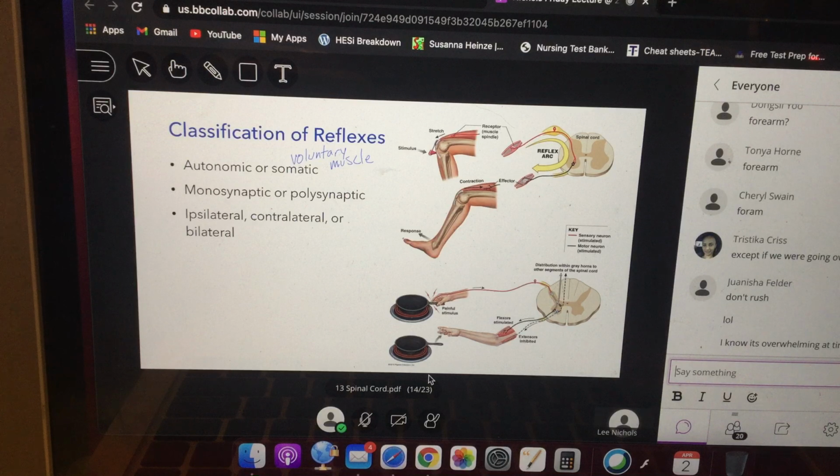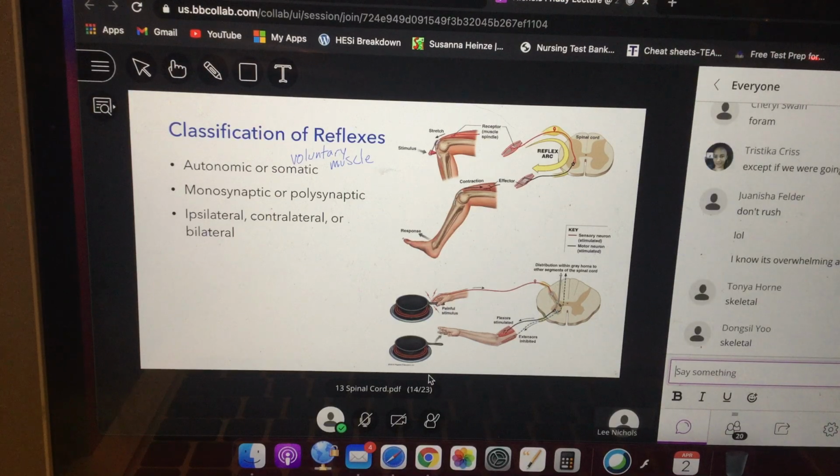What kind of muscle is the only muscle that's voluntary muscle? Yeah, skeletal muscle. So somatic reflexes usually involve moving some kind of voluntary skeletal muscle.